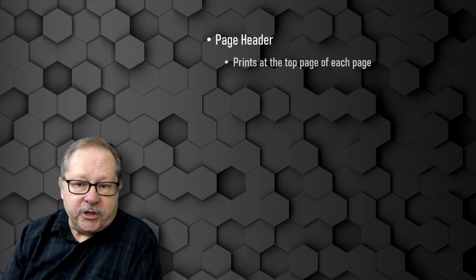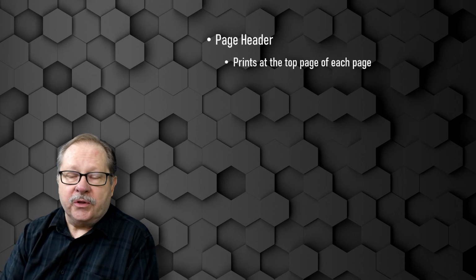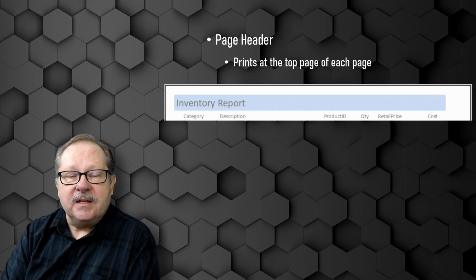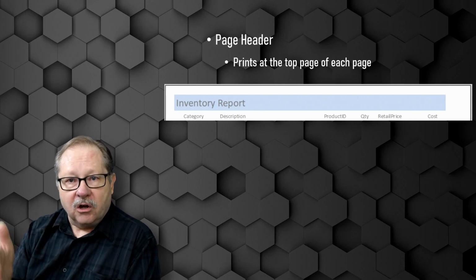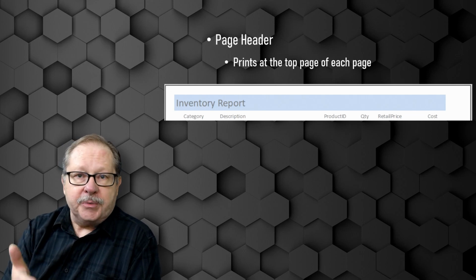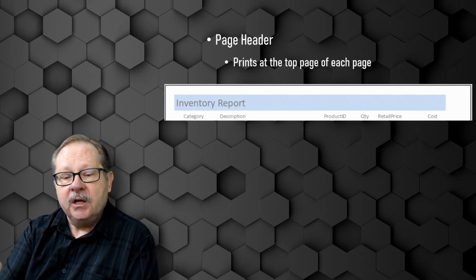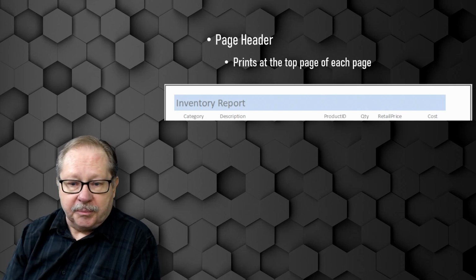The next is the page header. They print on the top of every page so that you can put basically the titles of each of the columns within all of the reports. Now on the first page it'll look like this, because you'll still have that report header there, and just under that you'll have the titles that you see in a normal page header.